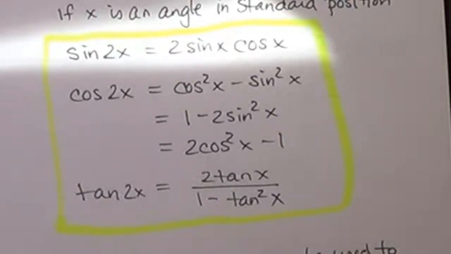The reason you need to know those and not necessarily the power reducing formulas is because you can derive the power reducing formulas from these. Once you have these formulas, you will be able to do other things like solve equations, find other angle values, and later in calculus take derivatives or integrate functions.